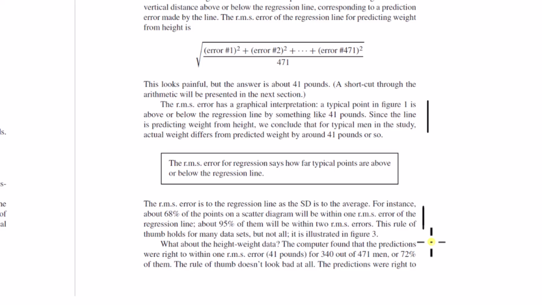And same here. But in this case, the reason they're saying that we expect about 68% of the points in the scatter diagram to be within one RMS is because of the football-shaped cloud that we're talking about by default right now. That football-shaped cloud is kind of a normal distribution.